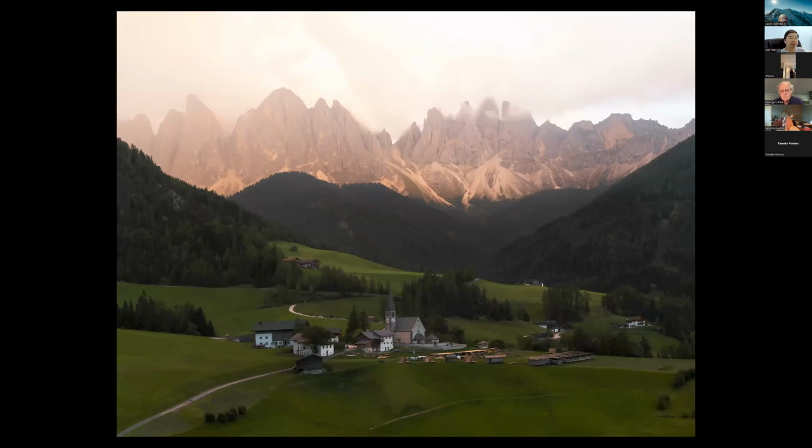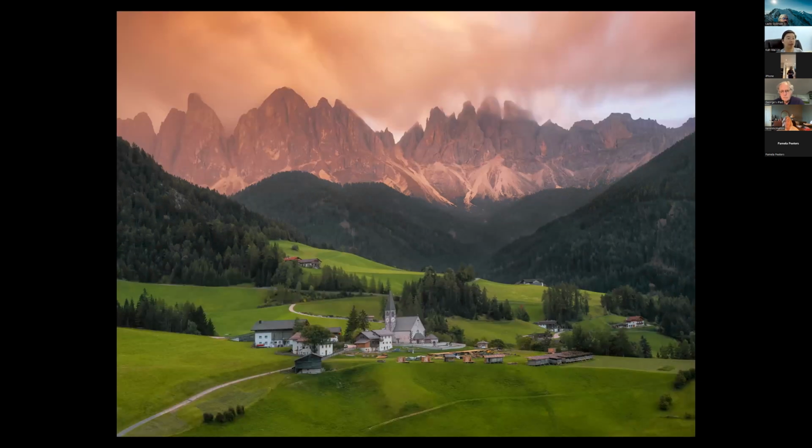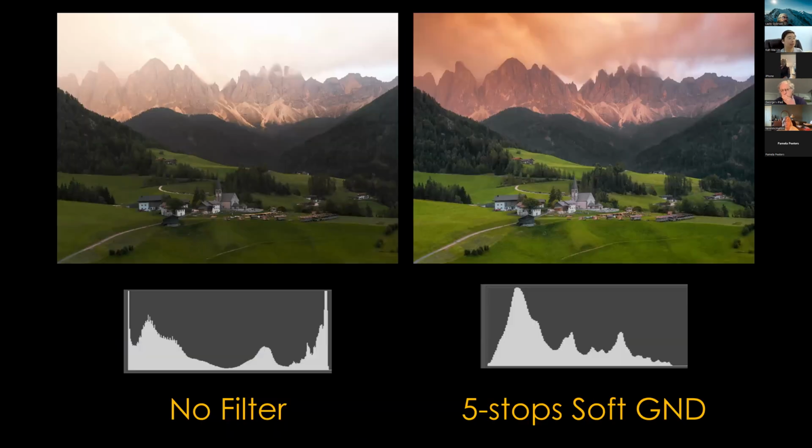So just an example here, this is the most common situation we encounter in landscape photography, the overexposed sky and underexposed ground. So in this case here, I use the graduated neutral density filters to darken the sky. Okay. So just a comparison image here without the GND, just a regular shot, the overexposed sky will result in clipping in your histogram.